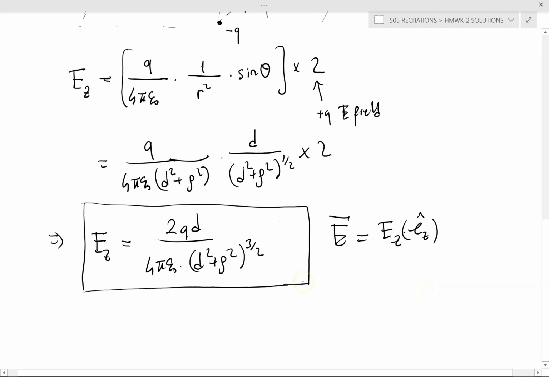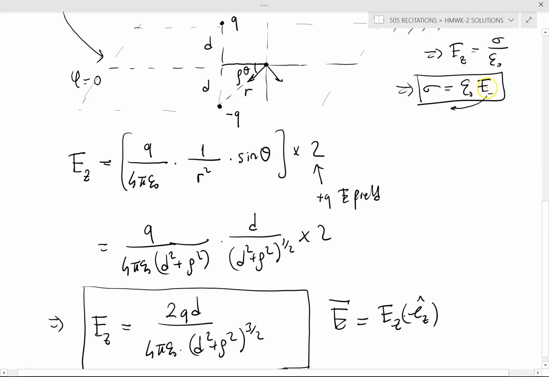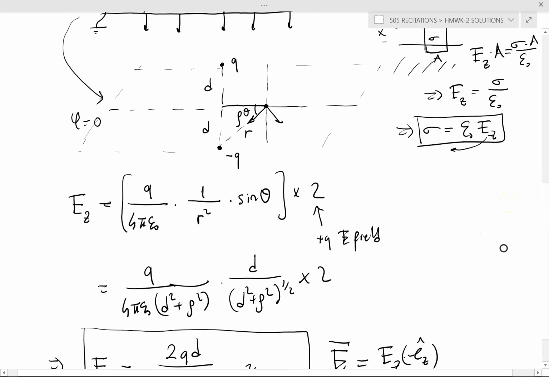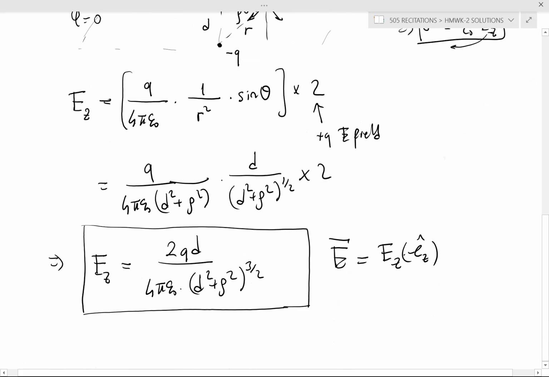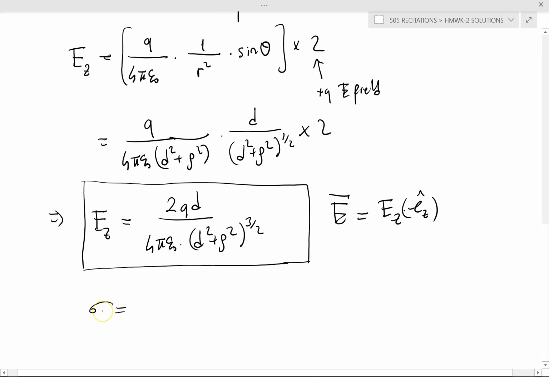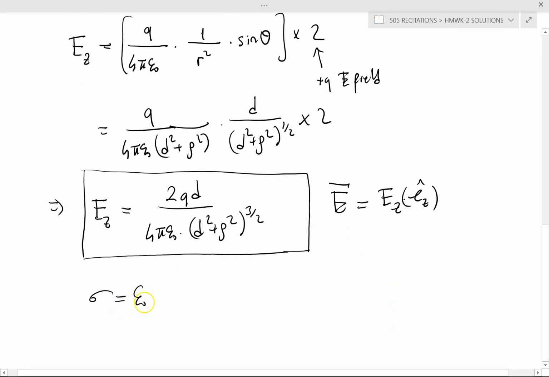Okay, if this is the E field, how can I pass from the E field to the charge distribution? The E field's existence is due to the surface charge, the induced surface charge at the conductor surface. So I can just re-express it as σ/ε0 ez, which is nothing but 2Qd over 4π (d squared plus rho squared) to the power of 3 over 2, as a function of rho.